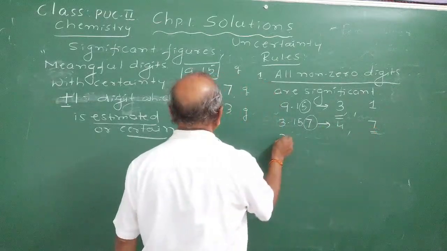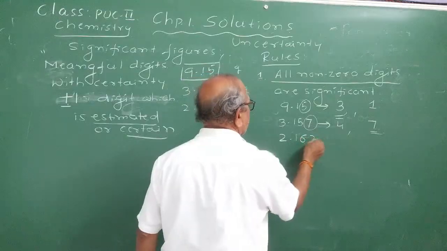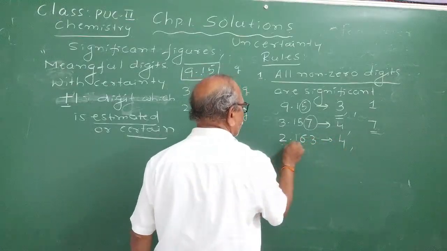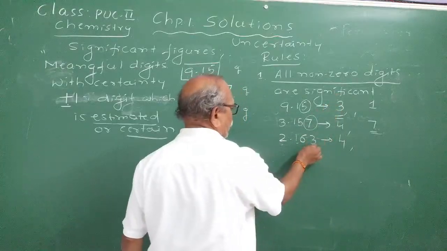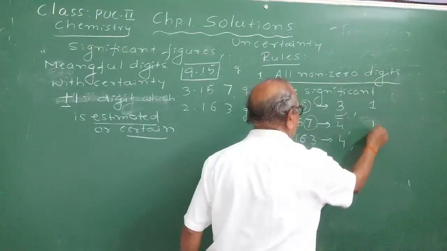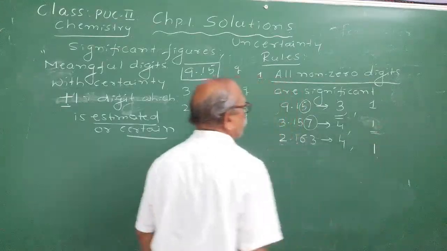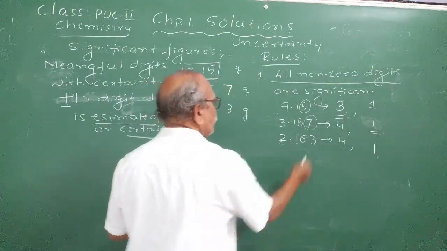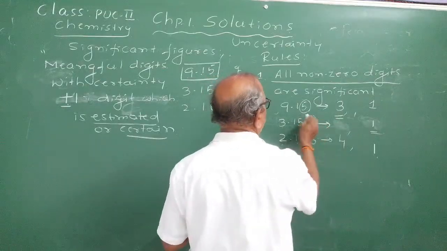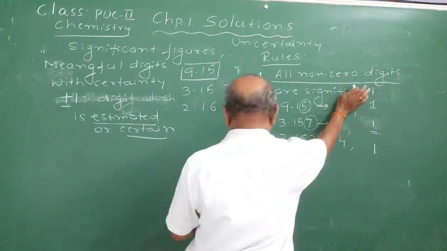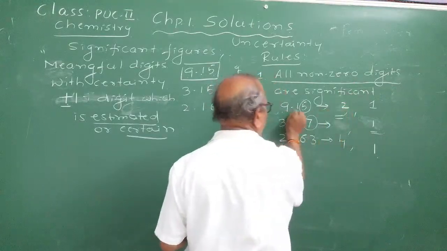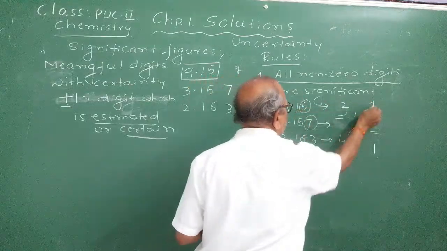If you take 2.163, how many digits are there? 4 digits are there. 4 significant figures are there, right? The last one is uncertain. How many of them are uncertain? 1 is uncertain. The last one will generally be uncertain. Here you can observe that significant figures with certainty is 2. 9.1 is the definite, but 1 is uncertain.